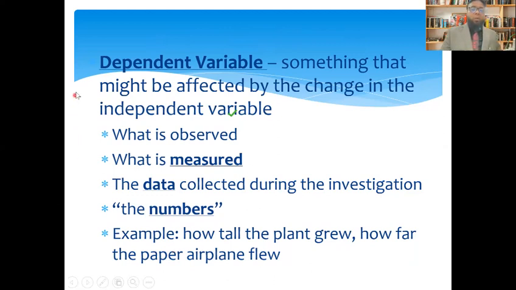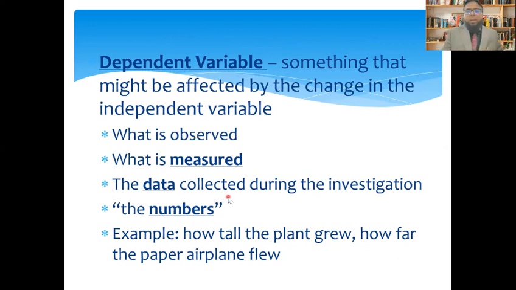Now another thing, the dependent variable. It is something that might be affected by the change in the independent variable. When you change the temperature, the enzyme activity also changes, so enzyme activity is the dependent variable.